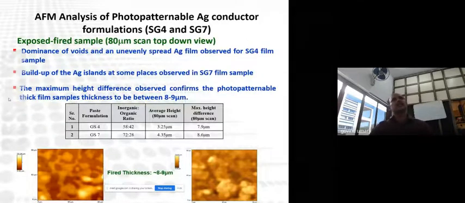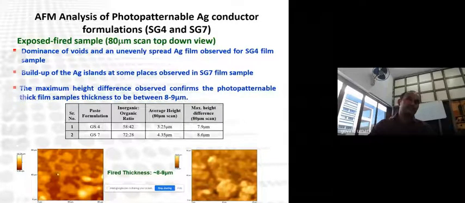In the exposed and fired samples of SG4 and SG7, we see what we have observed in the scanning electron microscope. There is a dominance of voids and unevenly spread silver particles observed in the SG4 sample, and buildup of Ag islands.